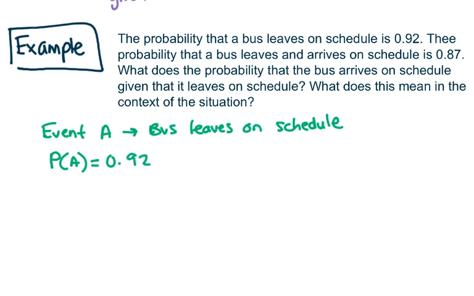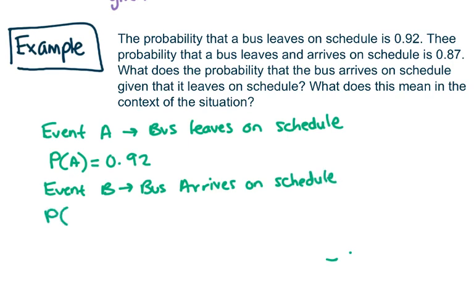The probability that a bus leaves and arrives on schedule is 0.87. So we're going to make event B the bus arrives on schedule. And so the probability that the bus leaves on schedule and arrives on schedule is equal to 0.87.